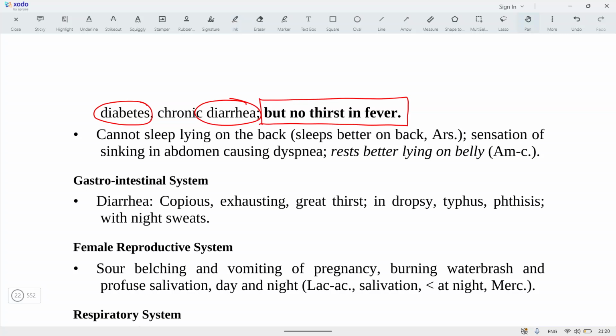In diabetes, we have heard the term polydipsia, and in diarrhea, obviously we are losing more electrolytes and water, so the body needs more and more water. That is why there is an increase in thirst. These are the pathological symptoms of increased thirst.